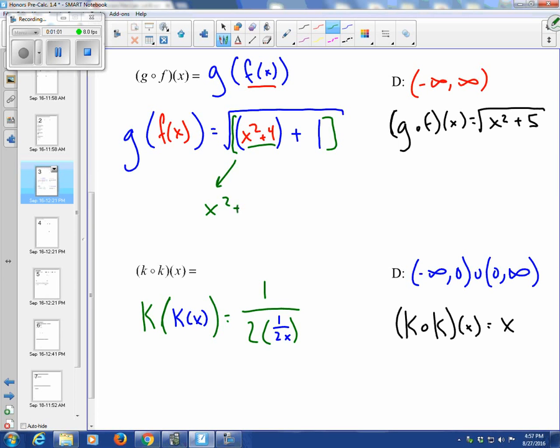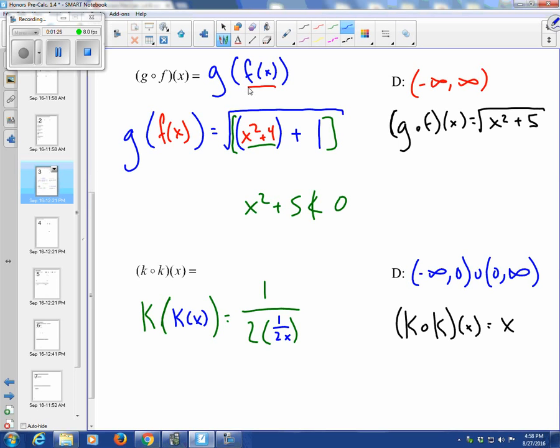So x squared plus 4 plus 1 cannot be less than 0, right? Now we might as well just take down our parentheses and combine our plus 4 and our plus 1 and get plus 5, and that'll make this a little easier to see. And right here what we're seeing is x squared plus 5 cannot be less than 0.